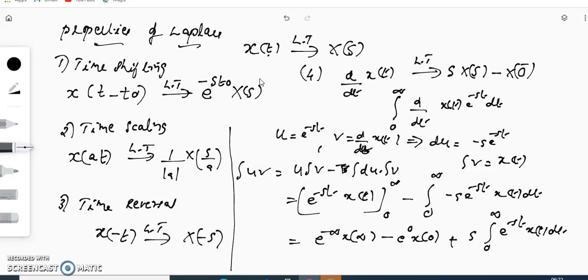So this is 0, isn't it? e raised to minus infinity is 0, and minus e raised to 0 is 1 into x of 0, plus s into, what is integral 0 to infinity e raised to minus st x of t dt? It is x of s. That means the Laplace transform of d by dt of x of t is s into x of s minus x of 0 minus, which is the initial conditions.